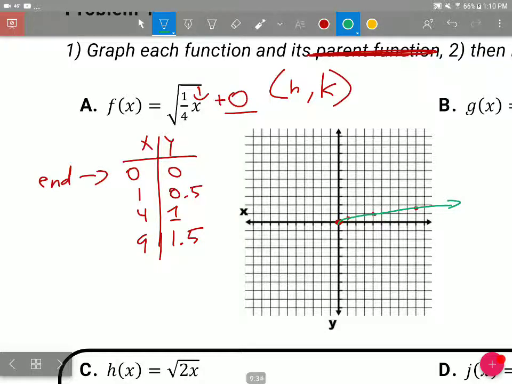Now it asks for the domain and range, and the domain and range for these ones has all to do with the endpoint. Okay, so for your domain, let's do it in green. So domain, is that x's or y's? X. Okay, so what's the x value at your endpoint? 0. Does it go to the right or the left?